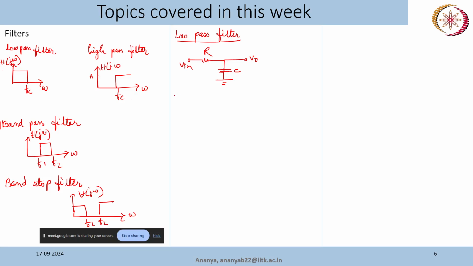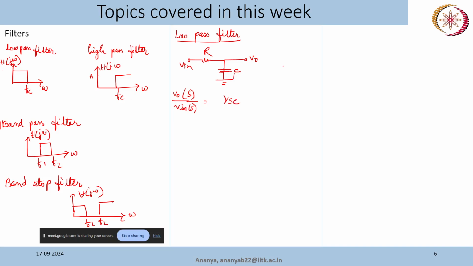Now how will we get the transfer function, or the input output characteristics? Input output characteristics mean V0 by V in, in the S domain, in the frequency domain. Again we can use the voltage division rule. V0 is the voltage across this capacitor, so that is whatever the current is, multiplied by 1 by SC, which is the impedance of this capacitor.